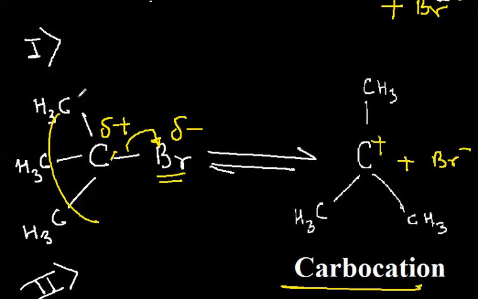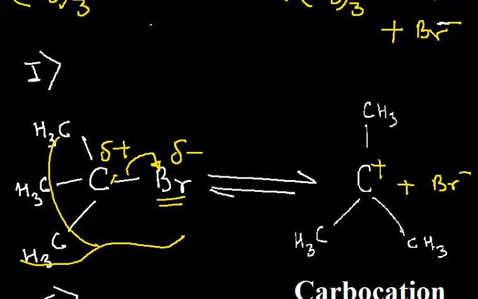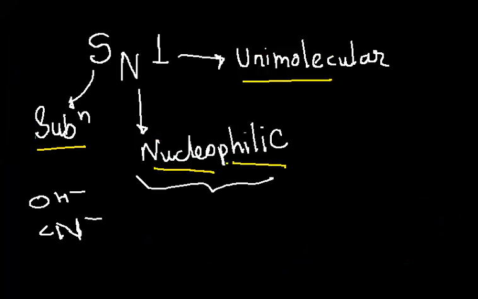Yeah, this is our first step here, where only one reactant is taking part, and that's why this is a unimolecular reaction, or you can say that the rate of the reaction depends only on one of the reactants. That's why it is called a unimolecular reaction. That's why SN1. And in SN2, since it is a one-step reaction and the rate depends on both the reactants, it is called a bimolecular reaction. So it is simply related to chemical kinetics, you can say.